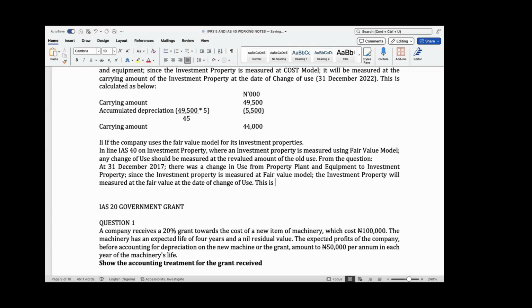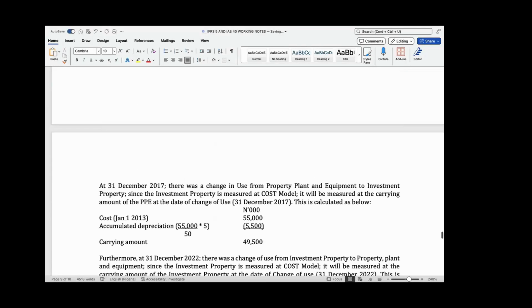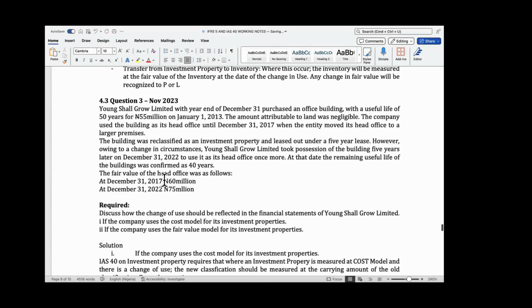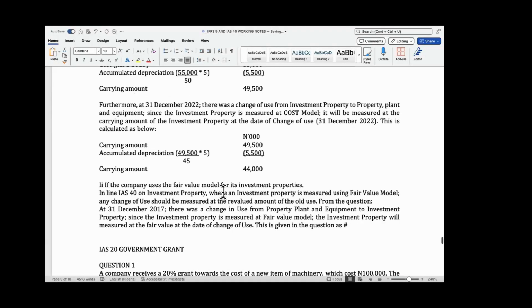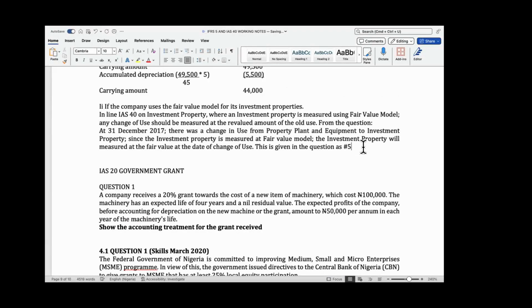And this is given in the question as how much? 60 million.